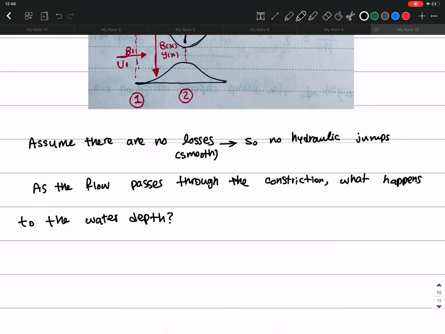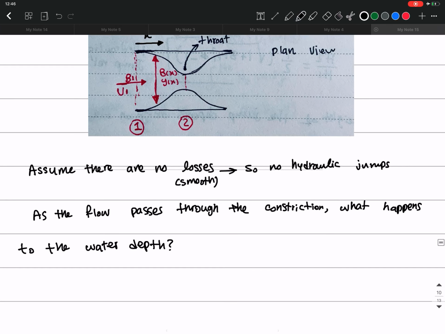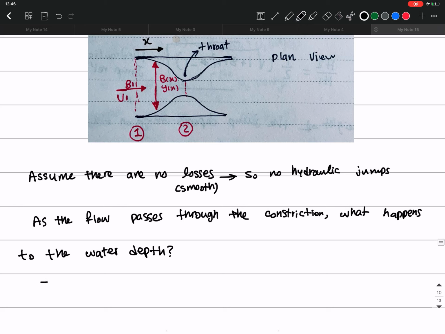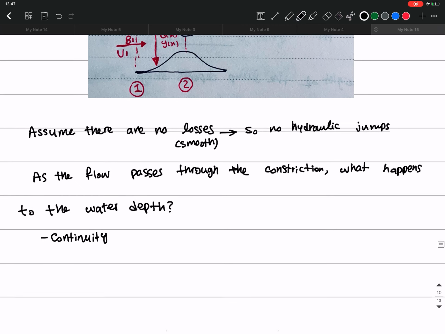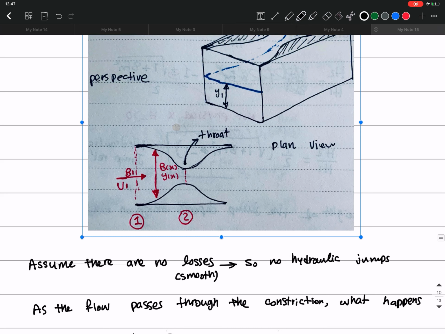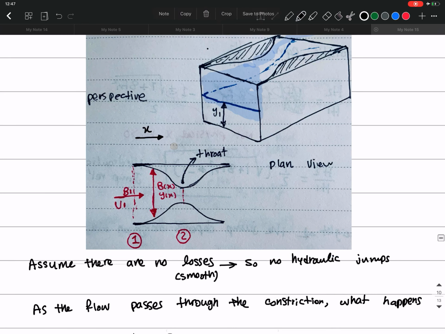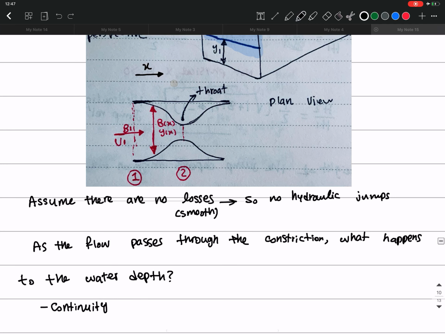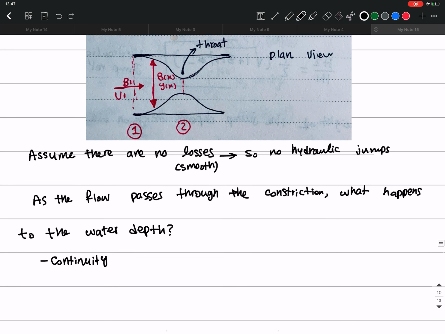So I will first start with writing the continuity equation. I want to write continuity for these two sections, between sections 1 and, let's say, this one, any arbitrary x.